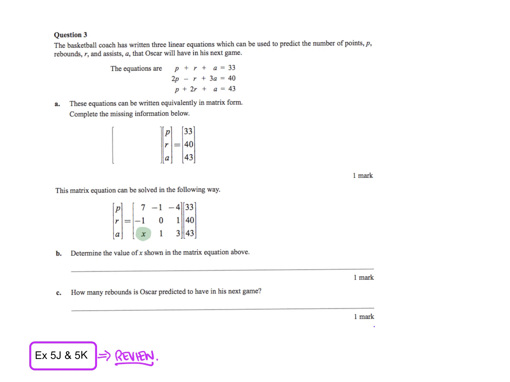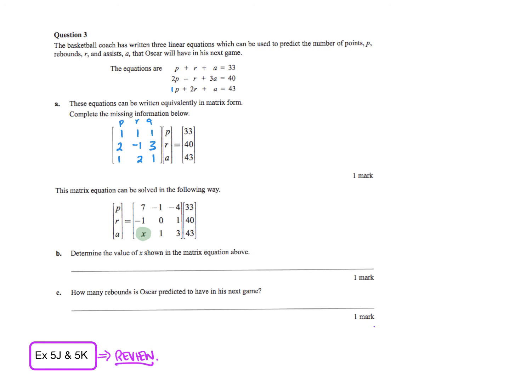Okay, so a basketball coach has written 3 linear equations which can be used to predict points, rebounds and assists in Oscar's next game. These equations can be written in matrix form and they've given it below. What you have to do is take all the numbers that would be in front. The first row all have 1 in front of it. The next one has a 2, a -1, a 3, and this one's a 1, a 2, and a 1.